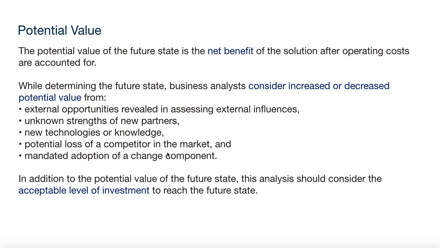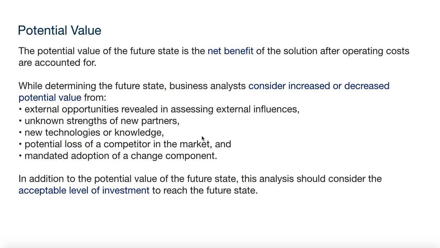So you need to assess all that, and in the end you want to come up with the potential value. So you would want to check the pros: what are the external opportunities, where could I start investing, where could I start monetizing. What are all the unknown strengths of the new partners which I can start utilizing, and the new technologies that I could pick up, the knowledge that I could gain. When I say I, it's the enterprise.